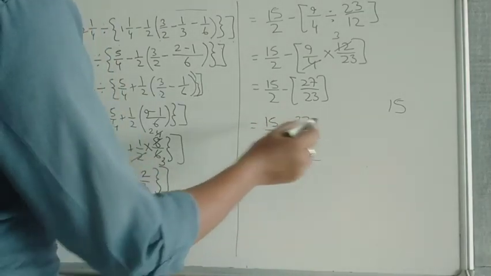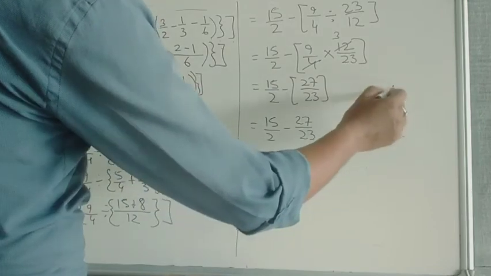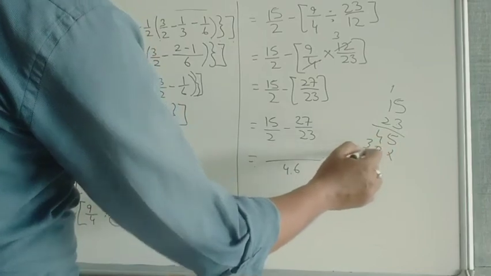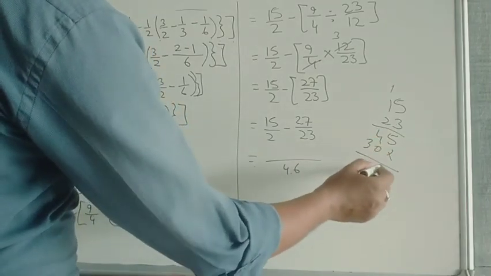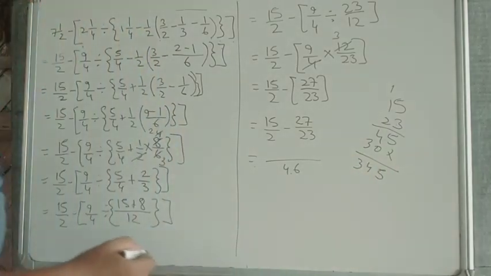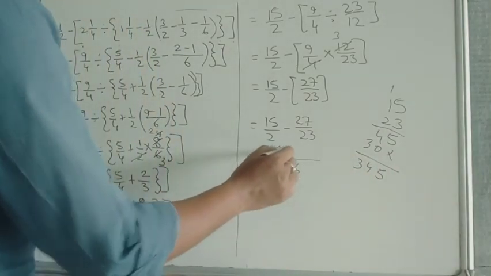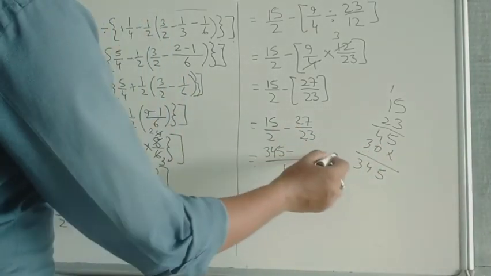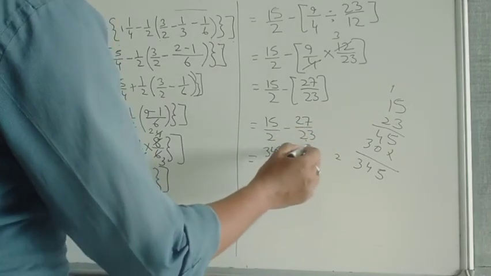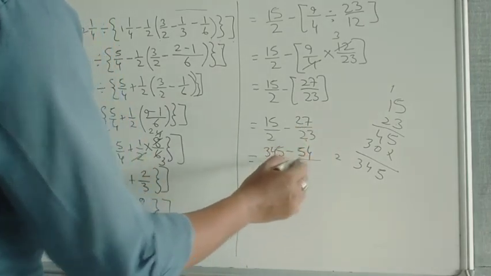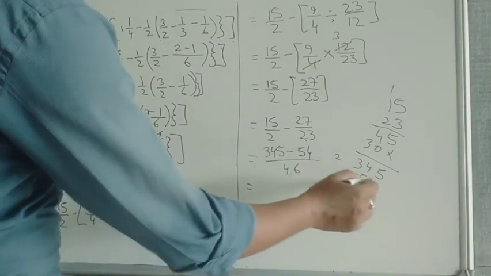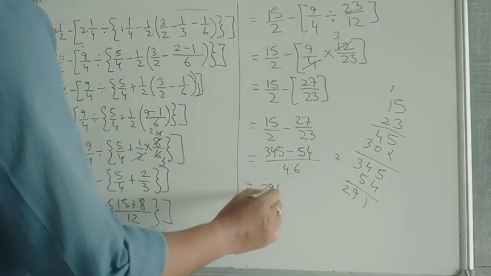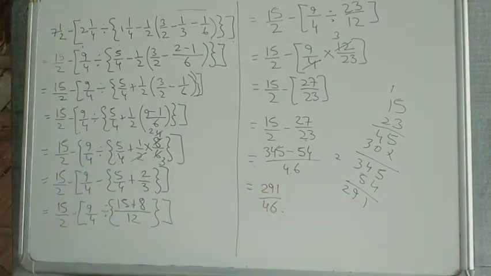So 23 into 15, 345 minus 23 into 2 ja 46, 2 27 ja 54. So minus 54, 1, 291 by 46. This is your answer.